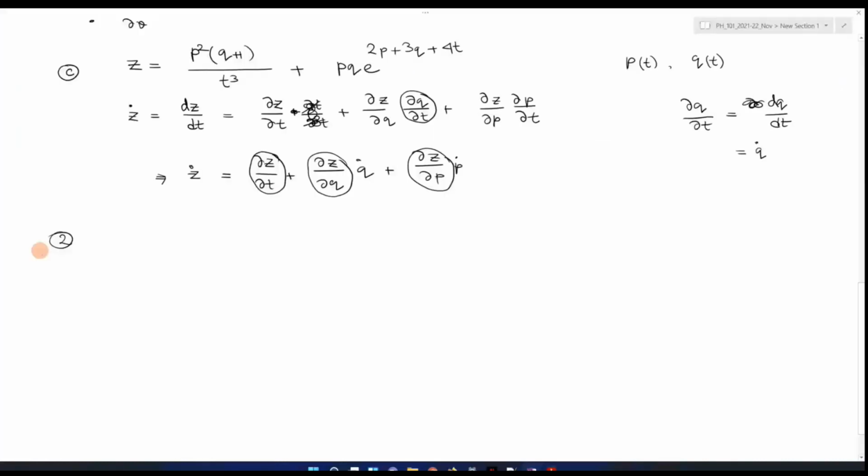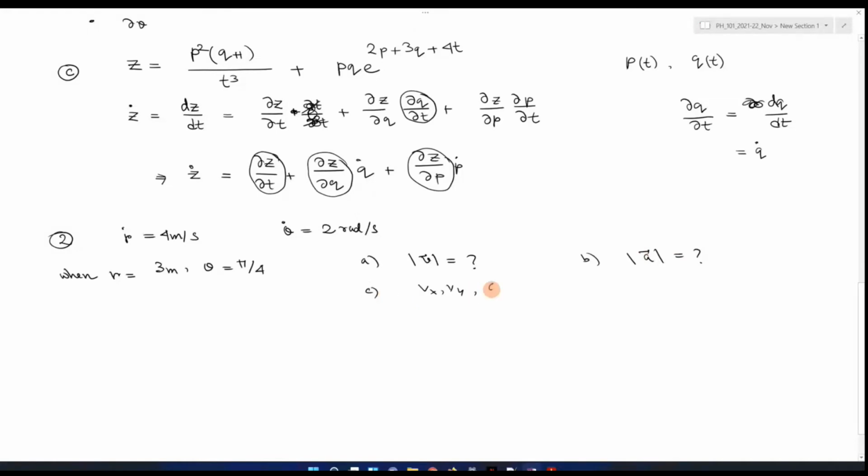Let me write down what we are given. r dot is given 4 meter per second. Theta dot is given 2 radian per second. So when r is equal to 3 meter and theta is equal to pi by 4, we have to find what is the speed, what is the magnitude of acceleration, and what are Vx, Vy, Ax, Ay.